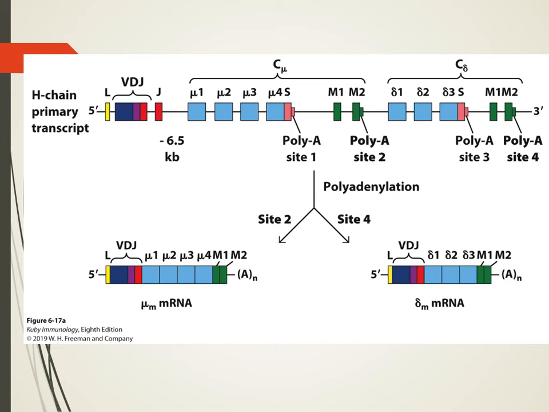Depending upon which piece gets read and transcribed, that's how we end up with these two different mRNA fragments. So with mu, which is the one on the left, the Greek letter, that's going to make the IgM. And then delta, which is on the right, would make our IgD.